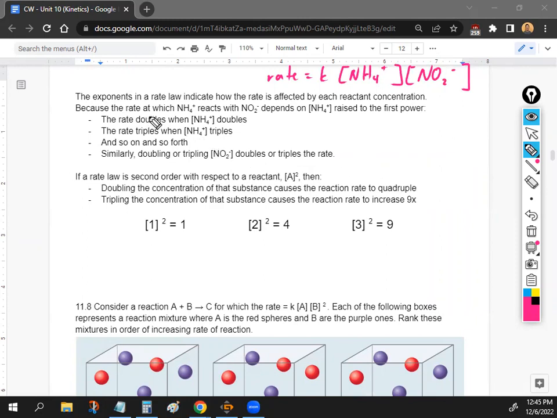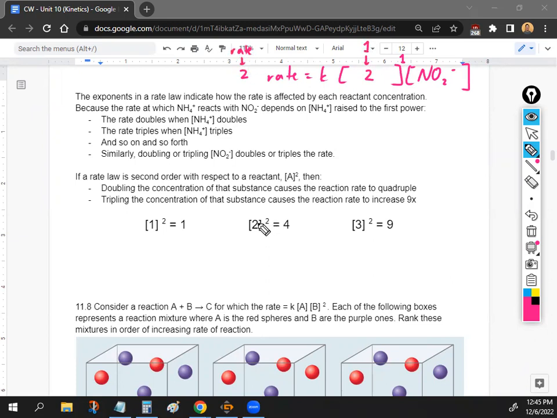So basically, because the rate at which ammonium reacts with nitrite depends on this guy raised to the first power, the rate doubles when NH4 plus doubles. So if you double this number, so let's say this number was 1, and then you turn it into 2, that means the entire rate will double because it's 2 to the power of 1. Okay, and we're talking very abstractly with numbers. But if you turn this from 1 to 2, that means the rate will also double.